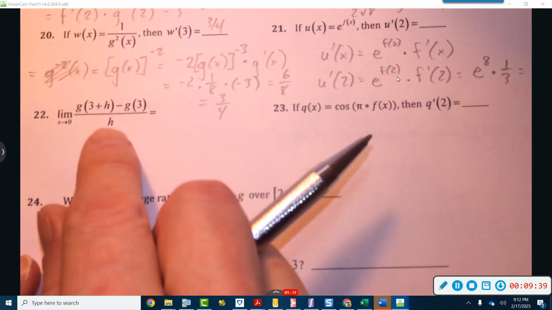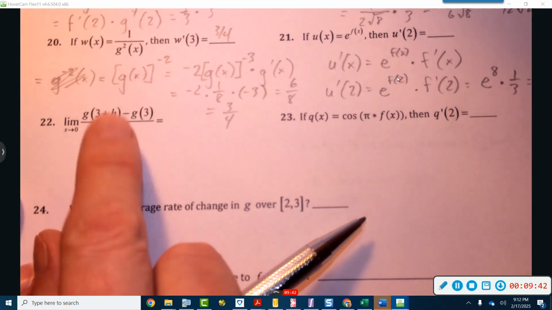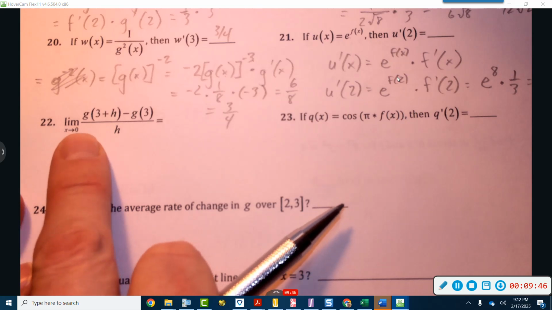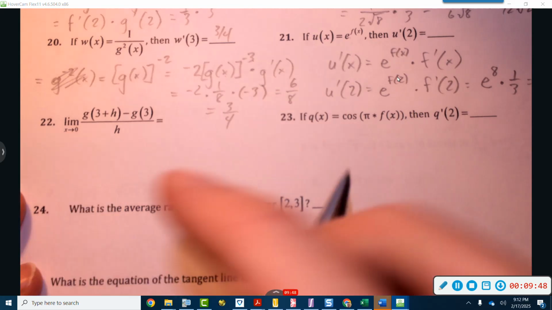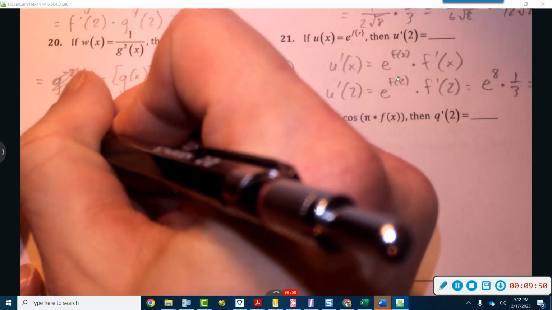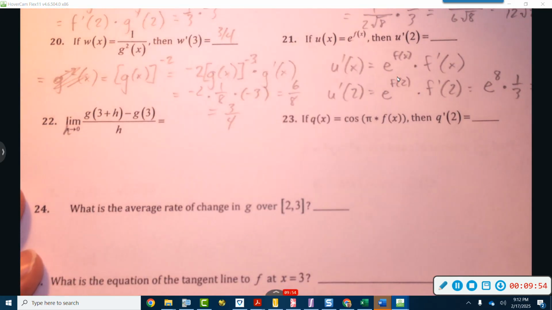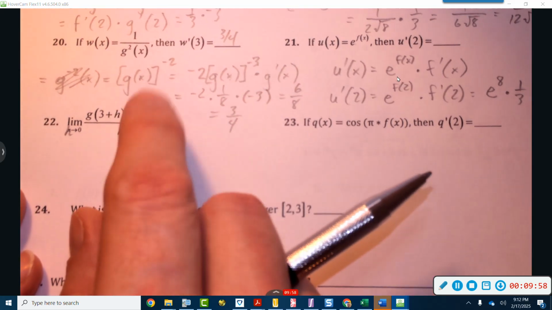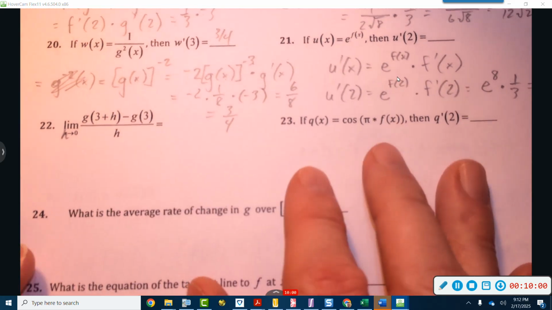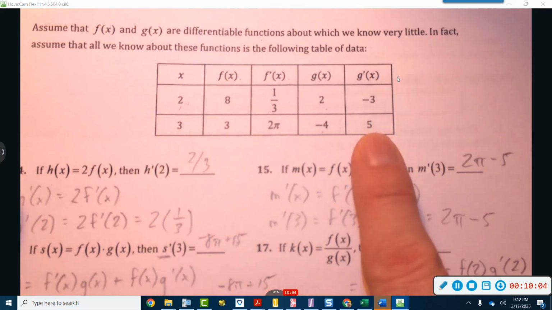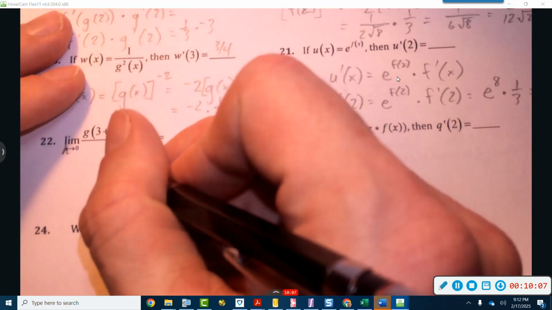All right, now this is a curveball because they're using the limit definition. As x is going towards 0, that's actually a typo. That x should be an h. What they're doing here is they want the derivative of g at 3, and the derivative right here is actually 5. So the answer to this is 5.